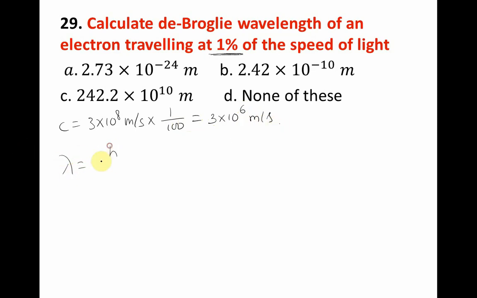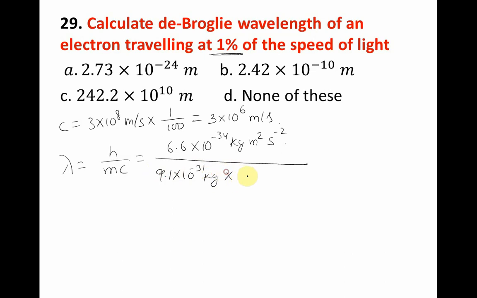Lambda is equal to h divided by mv. h is 6.6 into 10 to the power of minus 34 kg meter square per second, divided by the mass of the electron, 9.1 into 10 to the power of minus 31 kg, into 3 into 10 to the power of 6 meter per second.